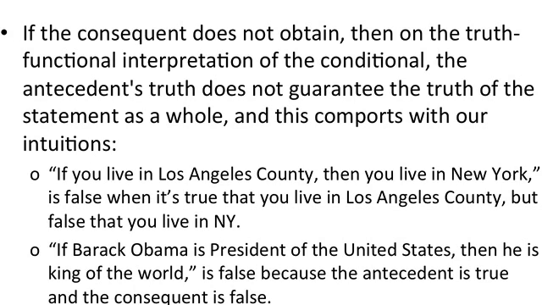We know this because the antecedent, respectively, you live in Los Angeles County, Barack Obama is president of the United States, these are true, while the consequent, you live in New York, Barack Obama is king of the world, is false. So these ordinary language examples kind of pump our intuitions about what makes the second row of the truth table false in terms of the horseshoe.